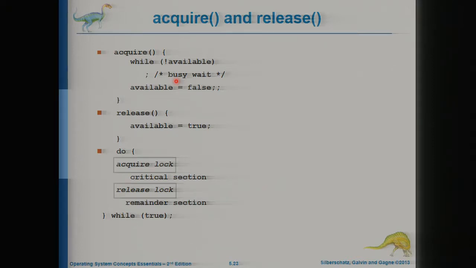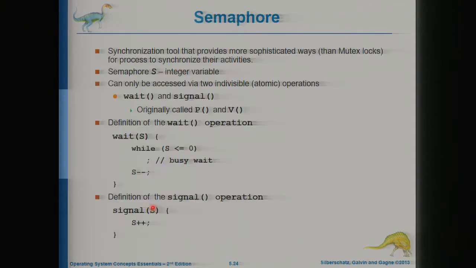Next is semaphores. Semaphore is another simple way of achieving process synchronization or handling the critical section problem. This is a more sophisticated way of executing mutex locks. It is implemented as an integer variable, S, which can only be accessed via two atomic operations, wait and signal.